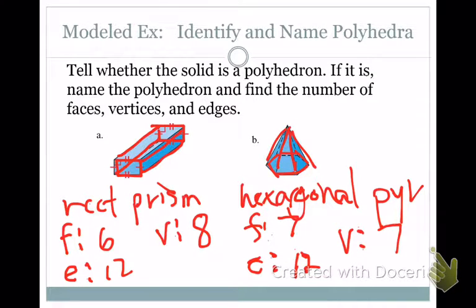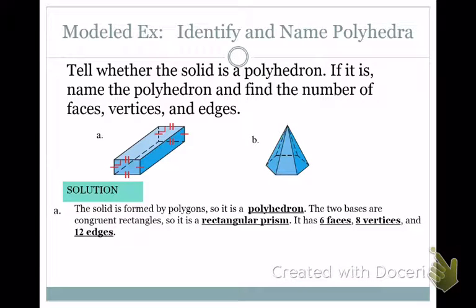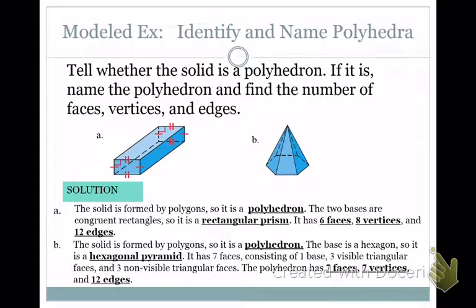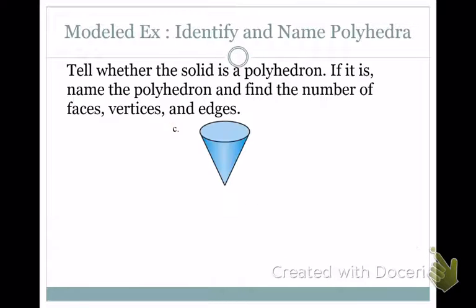All right. Is this a polyhedron? Okay, what is it? Cone, right. Cone is not a polyhedron. It's got a rounded, curved edge.